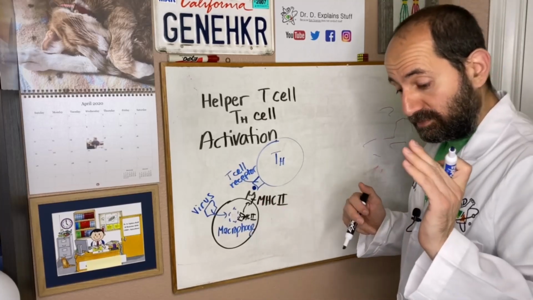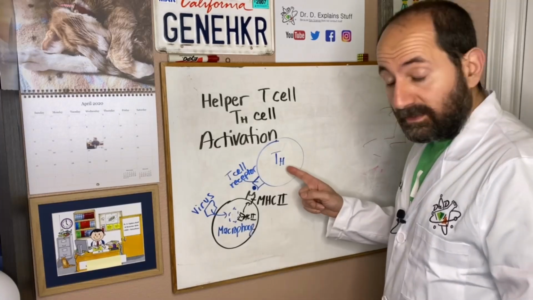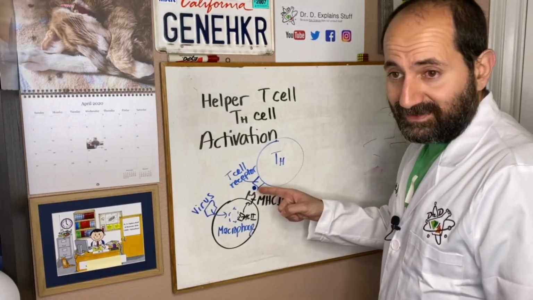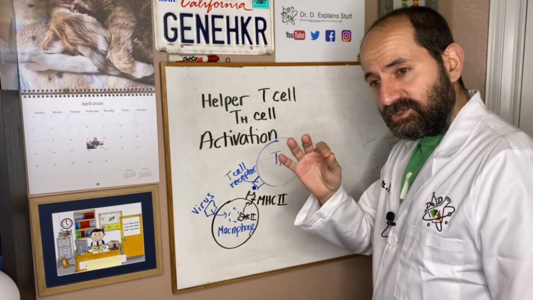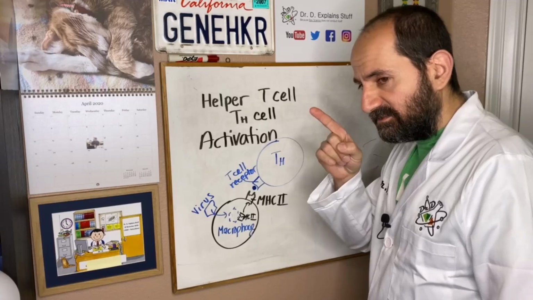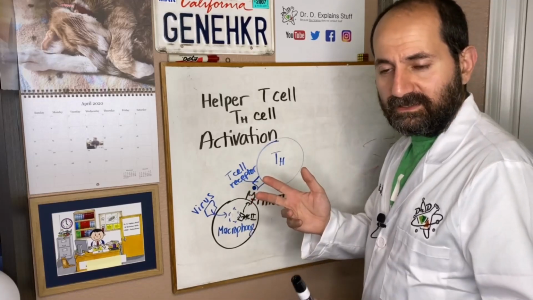Now, please be aware that not all helper T cells can recognize the same antigen. In fact, it's quite the opposite. Helper T cells each identify one specific antigen, one random non-self antigen.